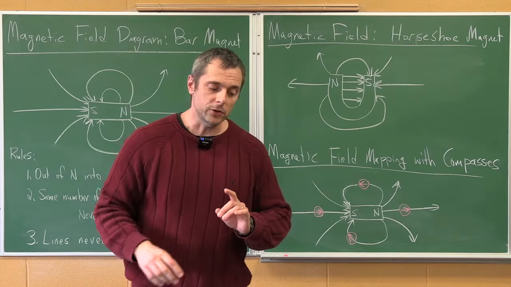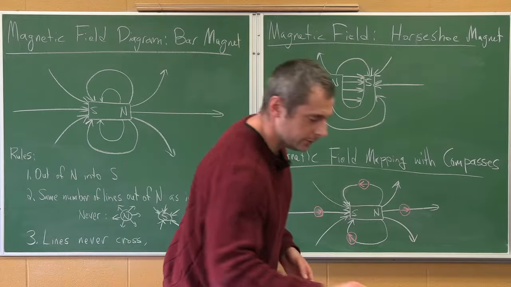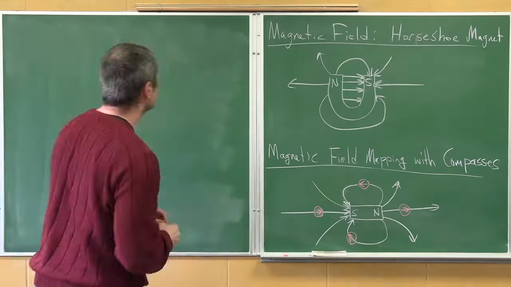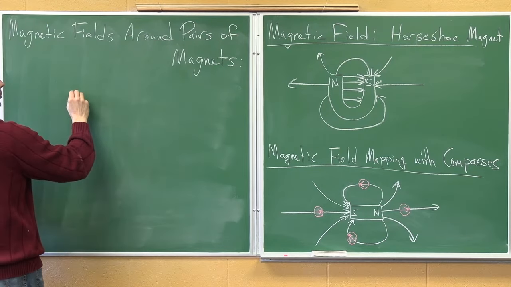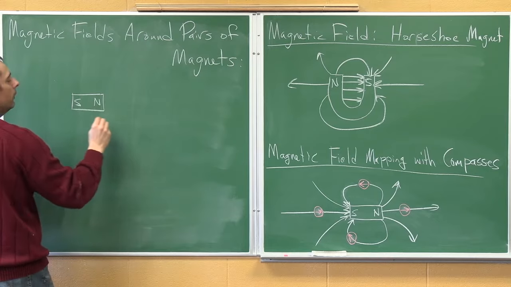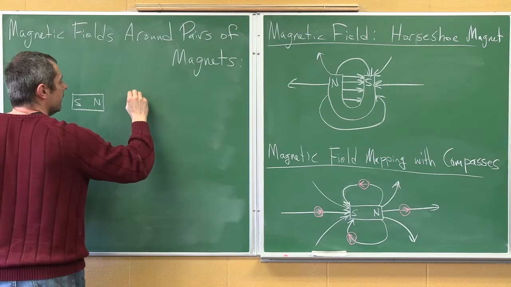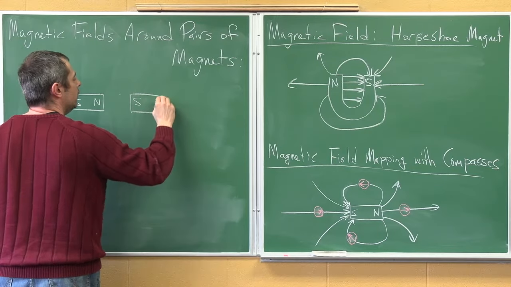Okay, next thing that I'm going to do is sketch the magnetic field around pairs of magnets. So, what I mean by that is, well, suppose I had a magnet like this, a north and a south pole, and over here I had another magnet that was a south pole and a north pole.